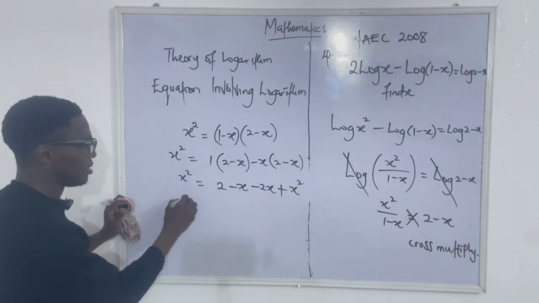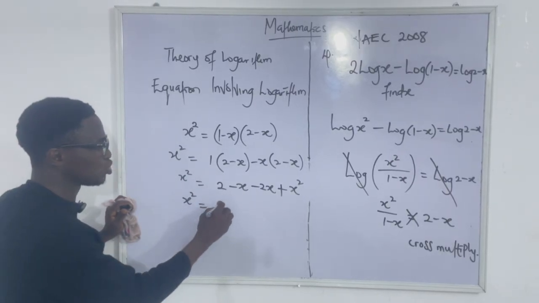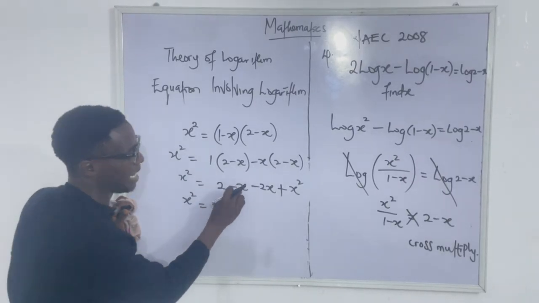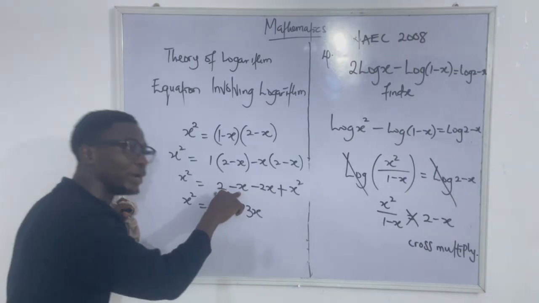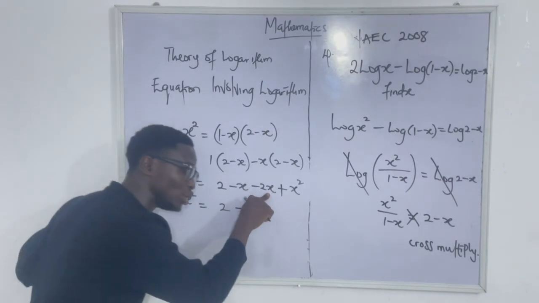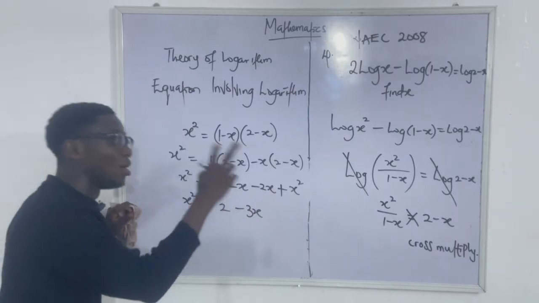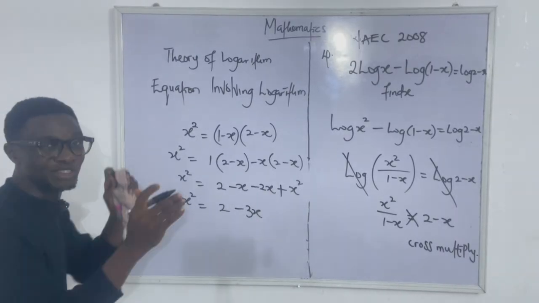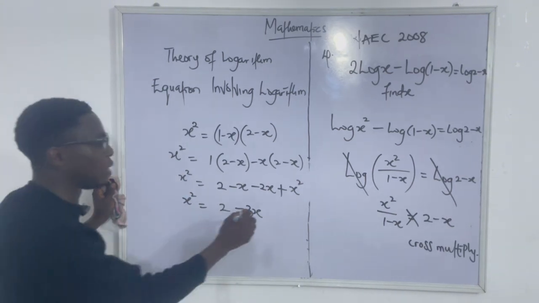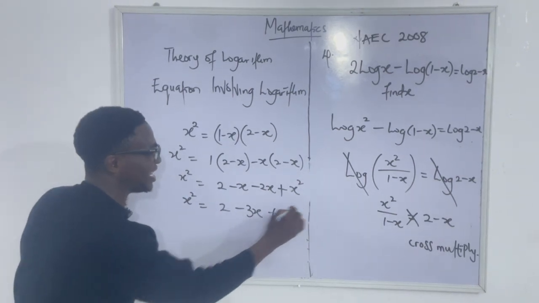Are we together? So x squared here equals to what? 2 minus x minus 2x. That's minus 3x. You are owing someone 1 naira. You are owing another person 1 naira. How much are you owing altogether? That's 3 naira. You remember those kind of relativity when we were still much younger.